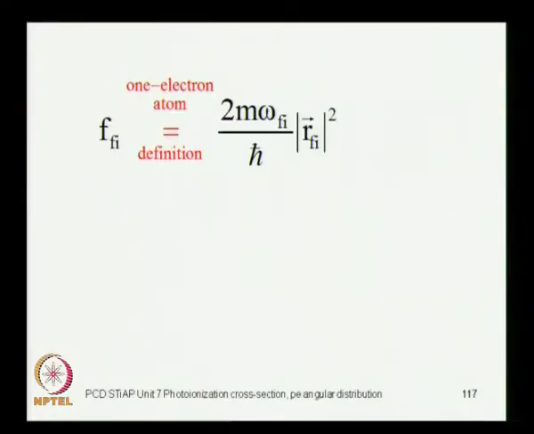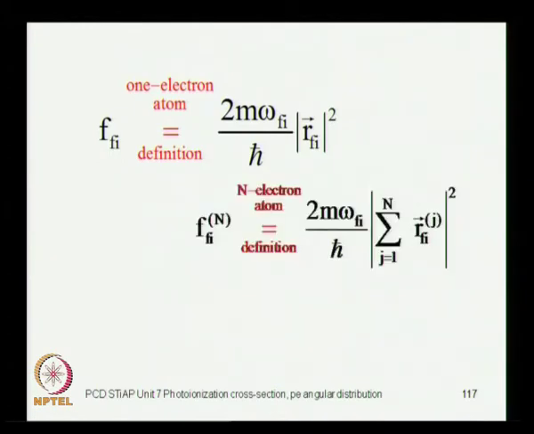So this is really very nice, and now let me go back to this definition of the oscillator strength in quantum mechanics. This is for a one-electron atom.